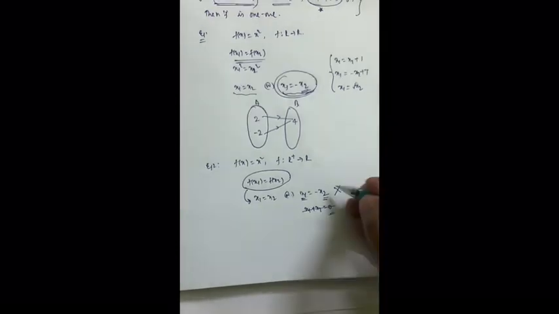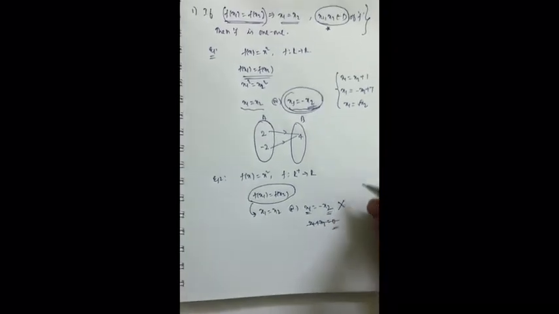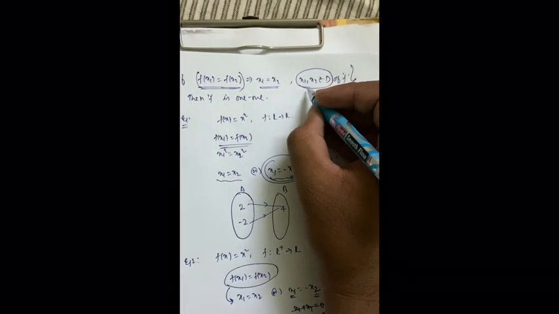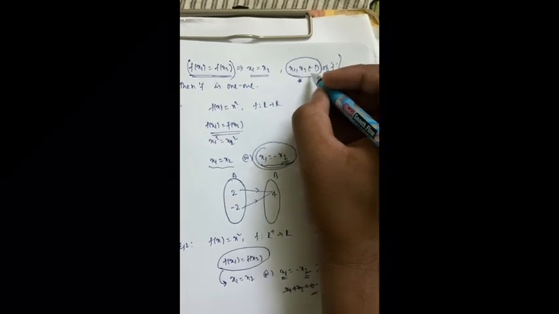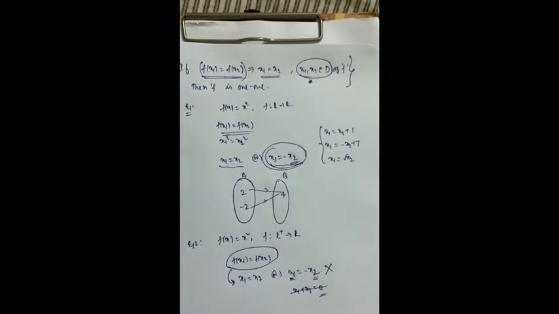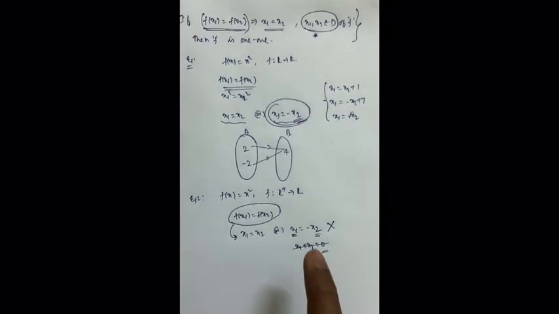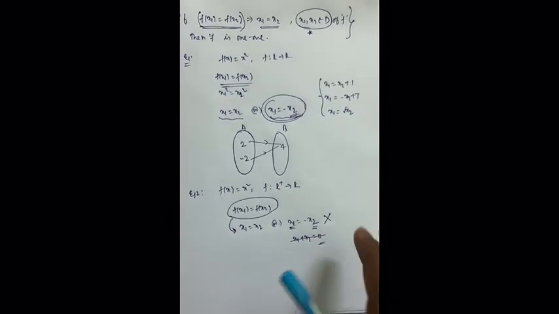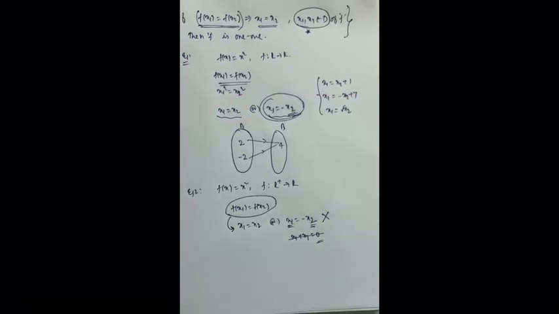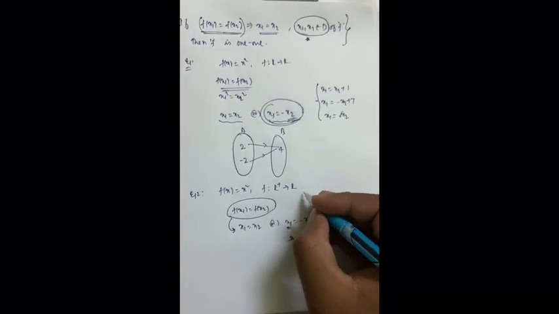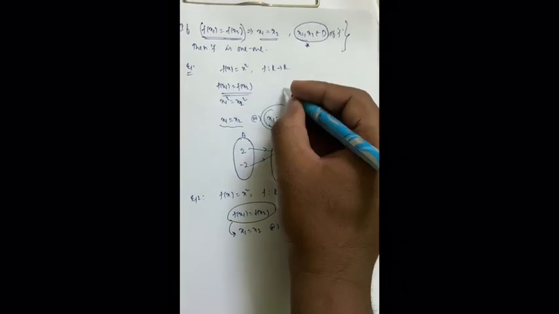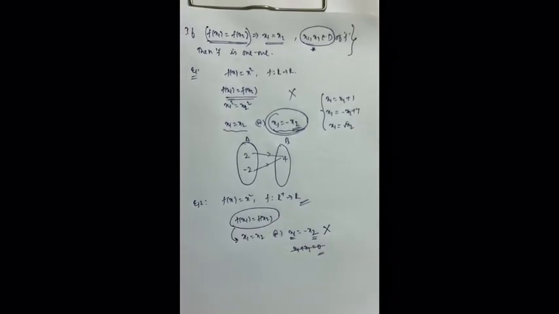So we are not getting any other relation. We may get one, but because this condition must be satisfied, that both x1 and x2 must be in the domain of f, we are ruling out this second relation. So of these two examples, this one is 1-1 and this one is not 1-1.